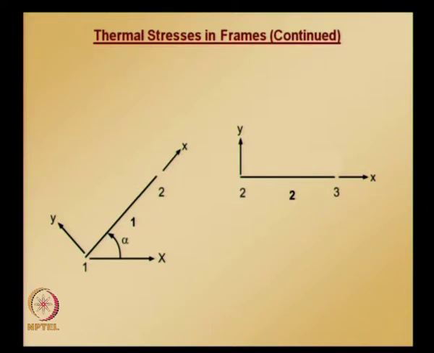Alpha value can be calculated from the dimensions of the plane frame given, and you can see that element 2 is oriented in the same direction as the global x axis. So the angle between local and global x axis is 0.